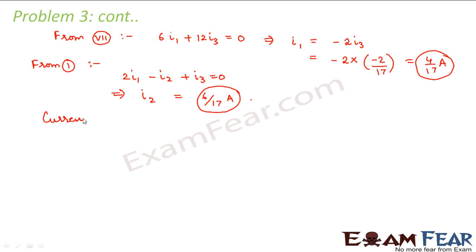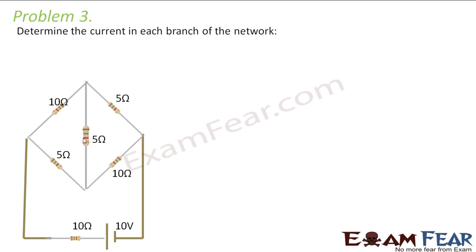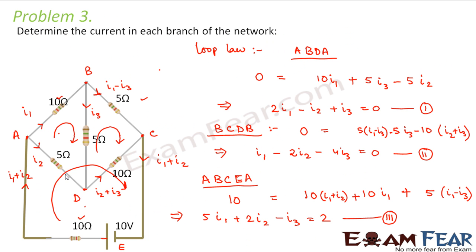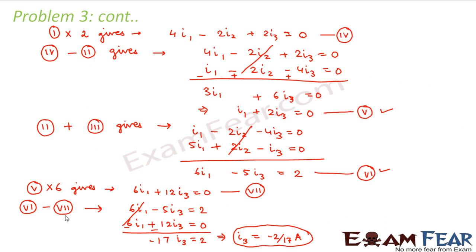But the question asks us to calculate the currents through each branch. Now, if you look at the figure once again, what are the currents going through each branch? I1, I2, I1 minus I3, I2 plus I3, I3 and I1 plus I2, right?